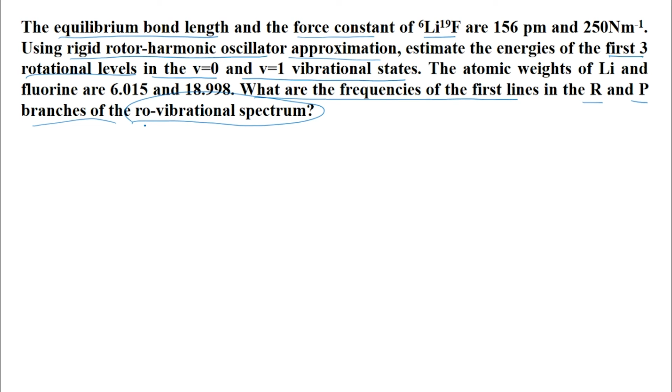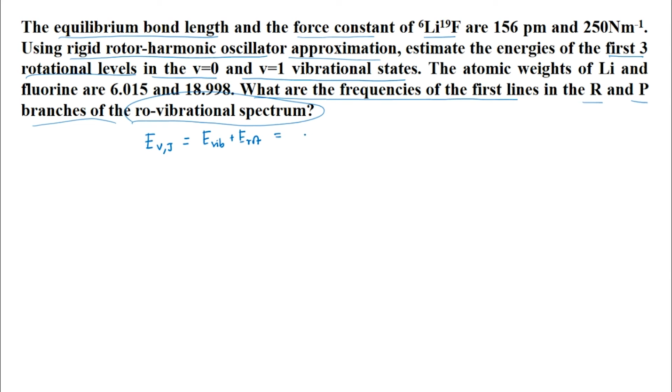Because we are only considering the rigid rotor harmonic oscillator, the energy E as a function of v and J can be written as E vibrational plus E rotational.